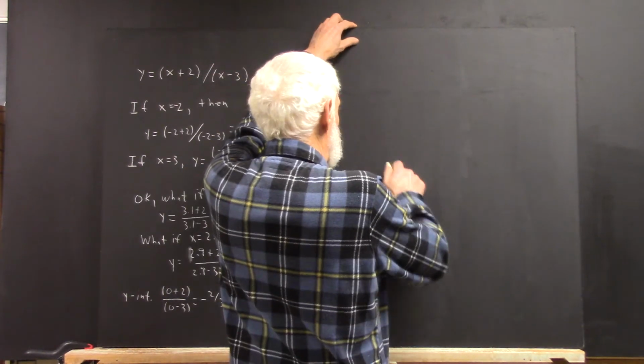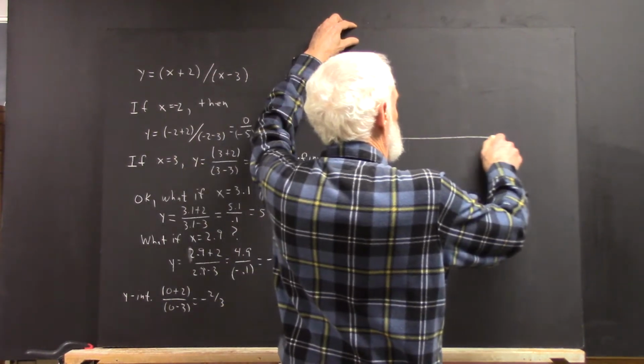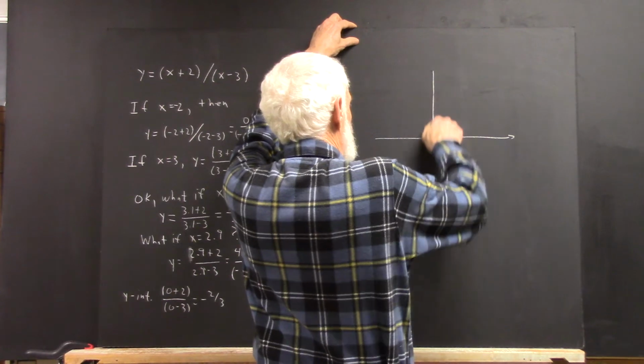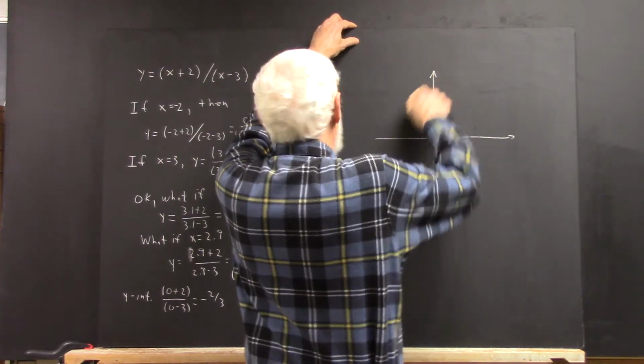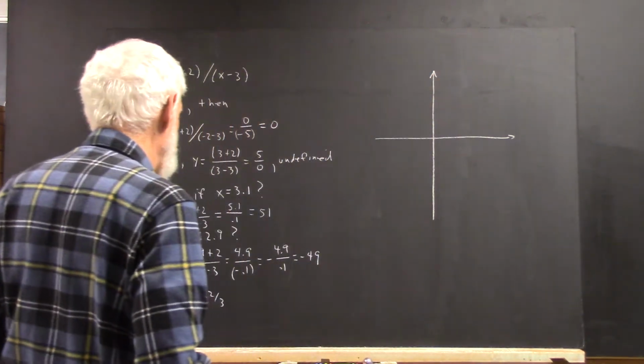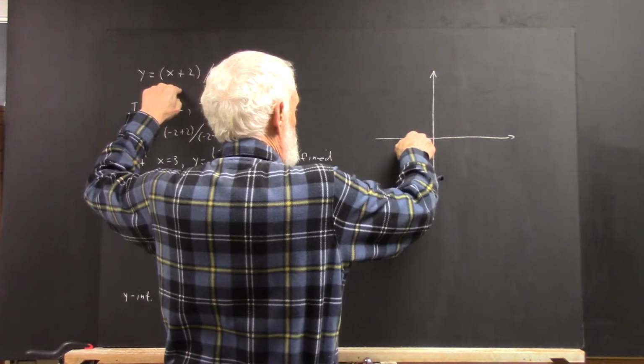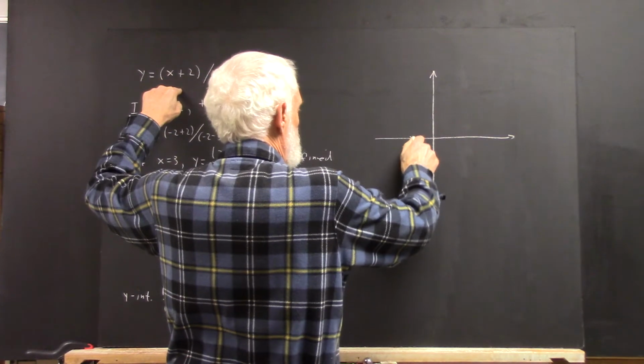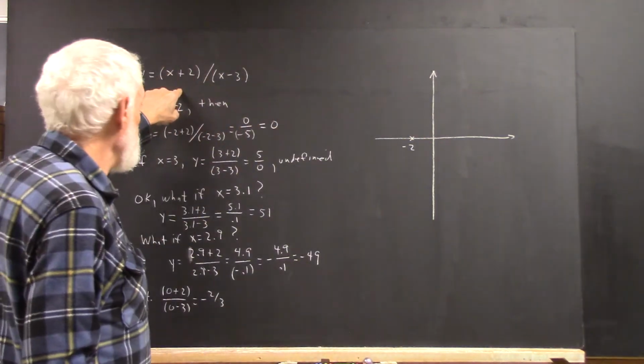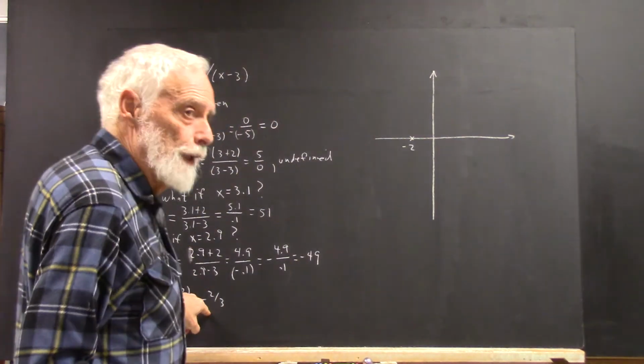So now we begin to construct a graph. Okay, we've got a 0 at negative 2. There's the point negative 2, 0. I'll just indicate that was a negative 2. We've got a y-intercept of negative 2/3.